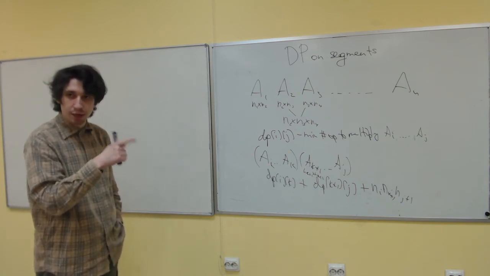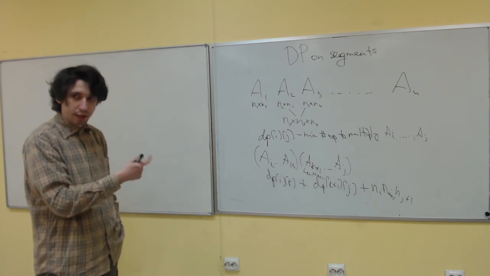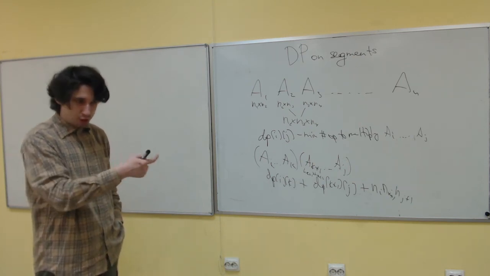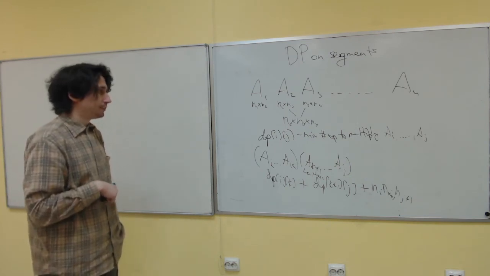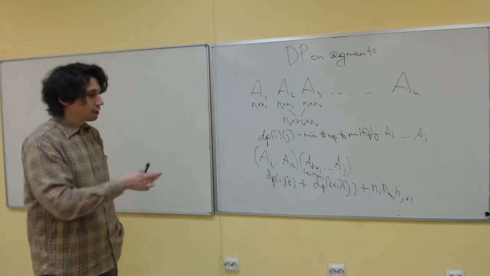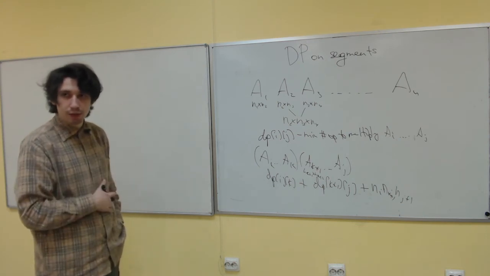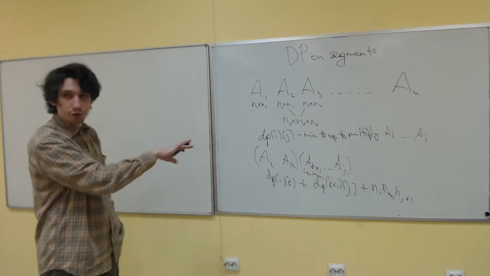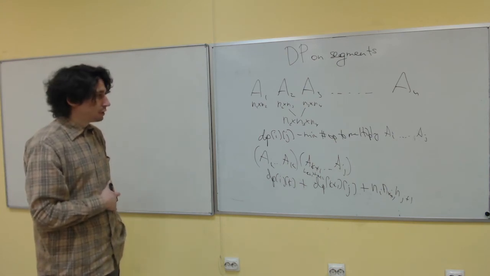So you iterate again over the segments, starting from their smallest length to higher length, and you just do exactly the same. The restoration is also quite simple. You just find where you split and go recursively. Then you find the answer.